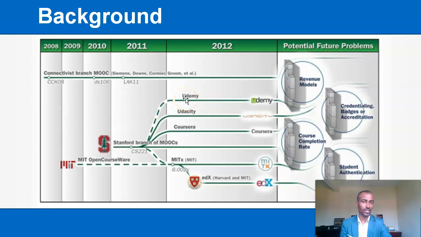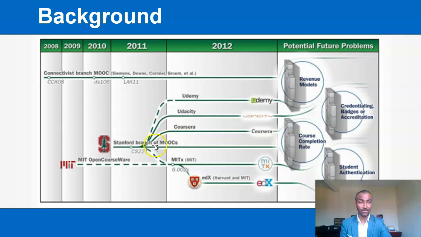Udemy is one of the very well-known online companies today in the United States. They provide online learning for some amount of money. It's not actually a university, but it's a platform where you can get online courses and learn in any discipline. Anyone can design and anyone can learn from that. Udacity and Coursera are also very well known.